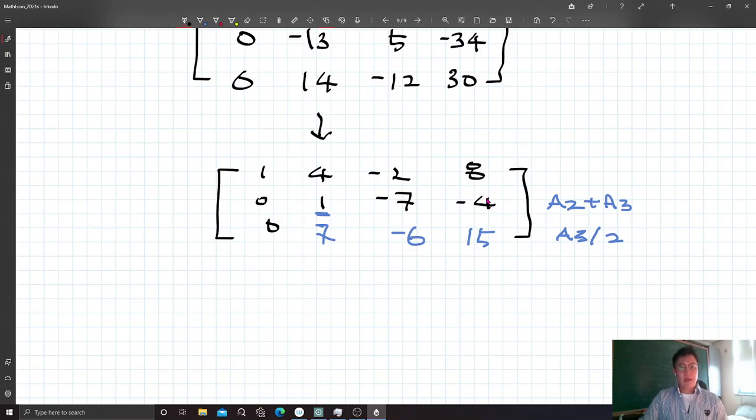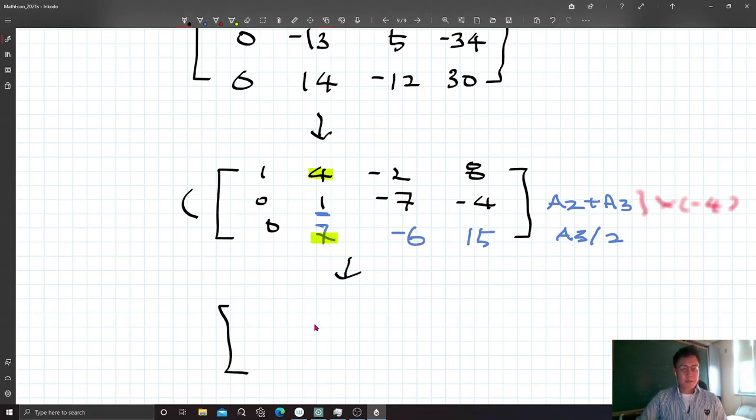All right, and now I can use the second row to eliminate the number 4 in the first row and number 7 in the third row. So let me first multiply the second row by negative 4 and add it to the first row.